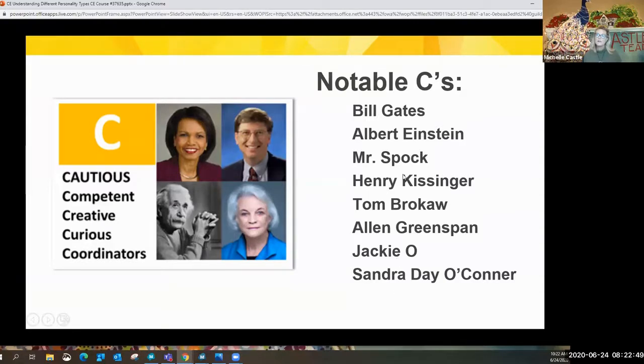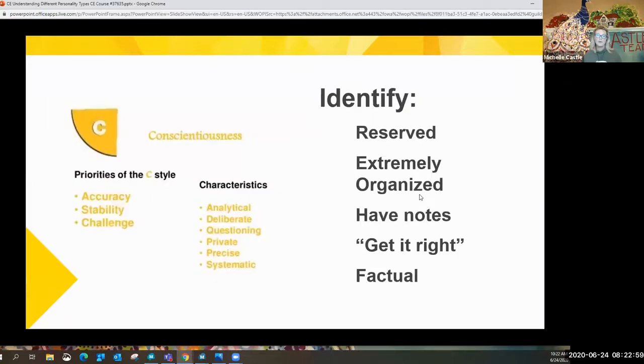Here's a list of some of the personality types that fit that C. Find one that you identify with and understand their personality so it makes it easier for you to relate whenever you meet and are working with a C. But just know, accuracy is super important. For example, if we're working with someone that has a C personality, for me, I get to look at when they were born and see what they do for a living.